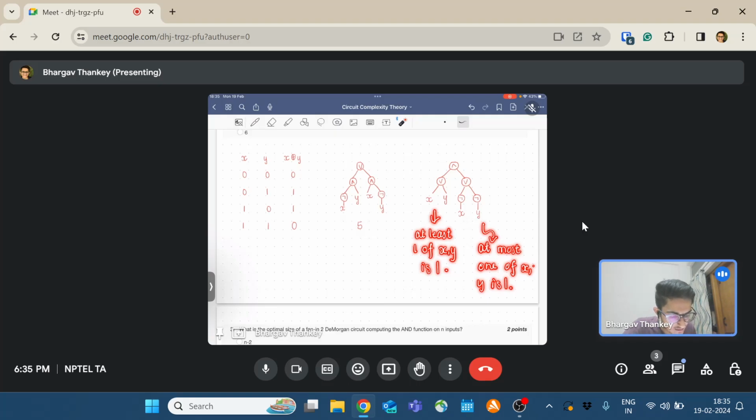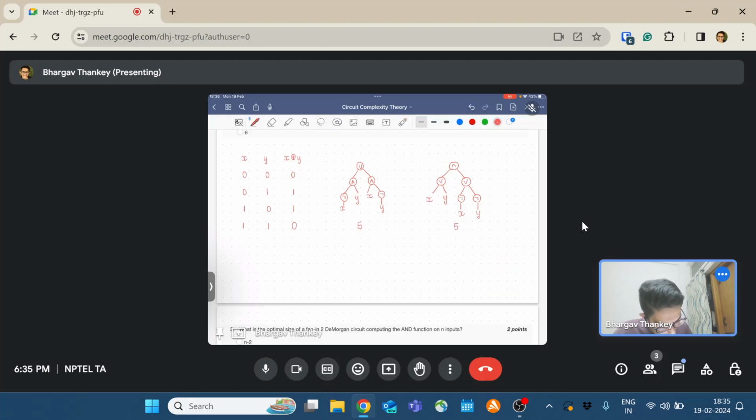Combined, these tell us that the circuit would be one only when exactly one of x and y is one, and that is exactly parity. But the size over here is still 5. So we have tried a CNF and a DNF, and both give us 5. So how do we get to 4?